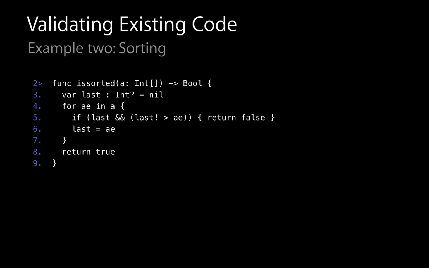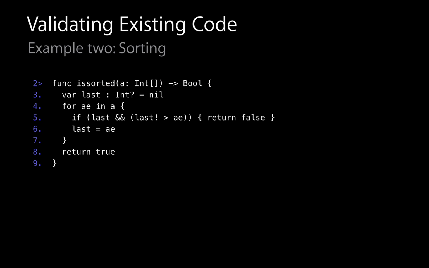The notion here is we're going to keep track of the previous element that we saw of the array, and for each element in the array, we're going to check, is it indeed greater than or equal to the previous element? If there's ever an element of the array that is less than the previous element, then we know, oh, this array isn't sorted.